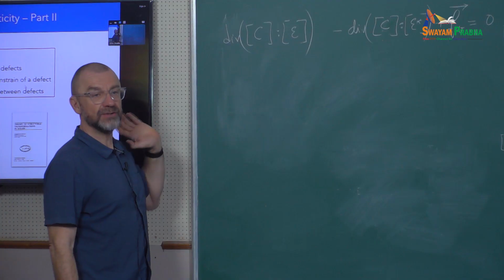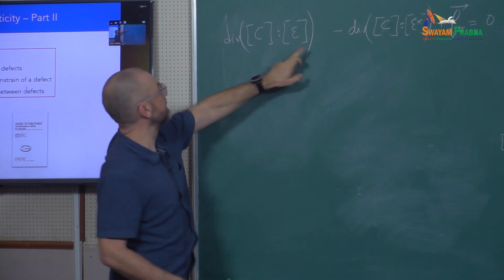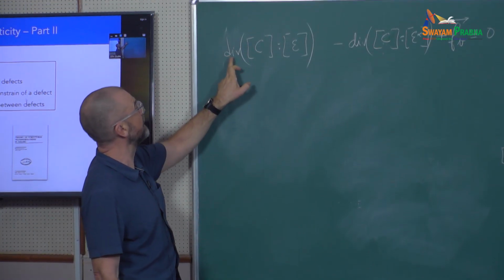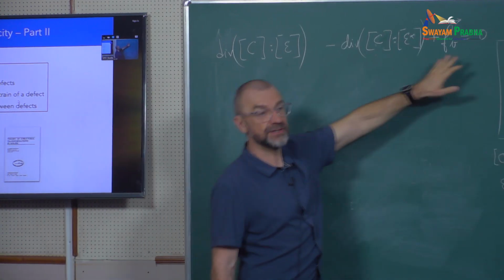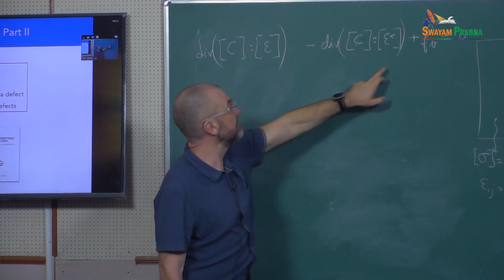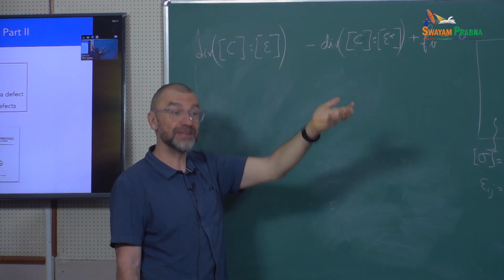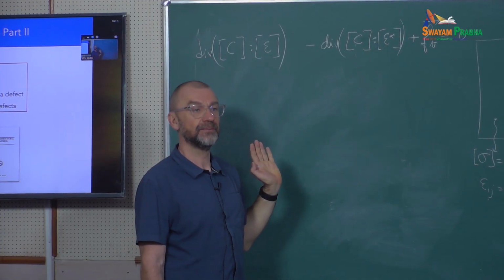Or, without eigenstrains, what did we say? The equilibrium yesterday was just divergence of sigma, so divergence of C epsilon plus a body force is equal to 0. What does that mean for this eigenstrain? It means that the eigenstrain acts as a body force inside the material, right?